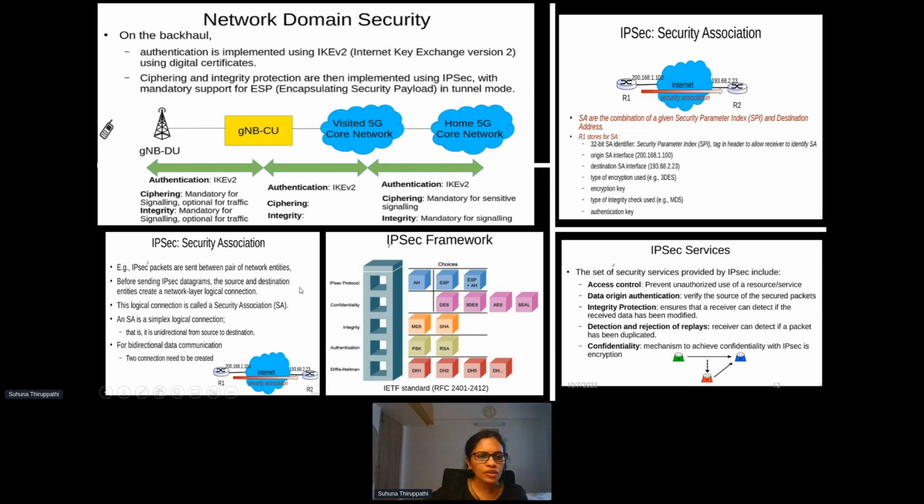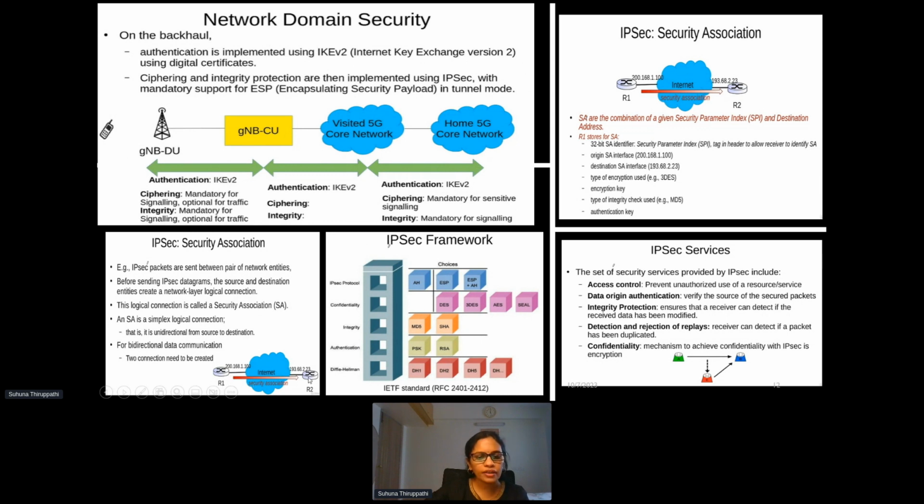So IPsec association: how does it happen? Suppose the sender wants to send a message across the network to the receiver. First, it establishes a logical connection between the sender and receiver by negotiating a couple of parameters, and this logical connection is unidirectional.